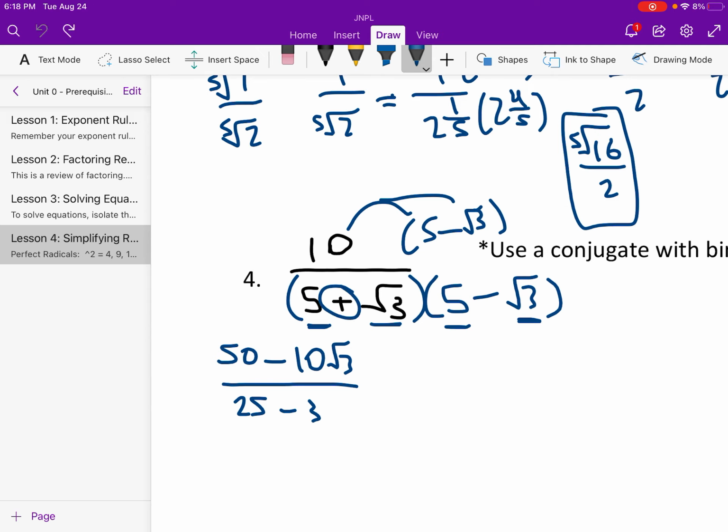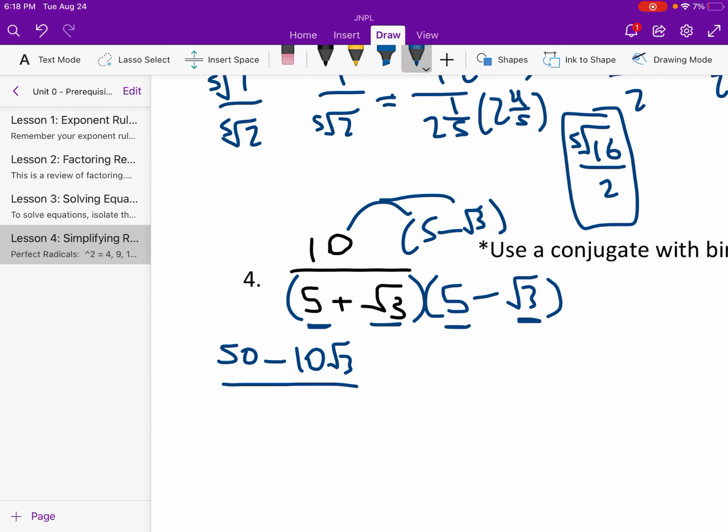But if you really wanted to see how that worked, the full thing, that's just a shortcut. So 25 for the first, the outer 5 root 3, the inner 5 root 3, the last minus square root of 9, and these cancel out, as I said, and square root of 9 is 3, or 25 minus 3.